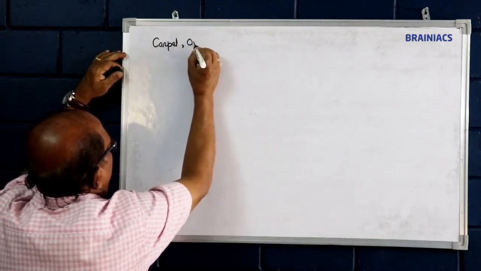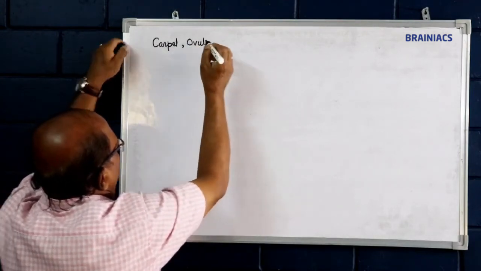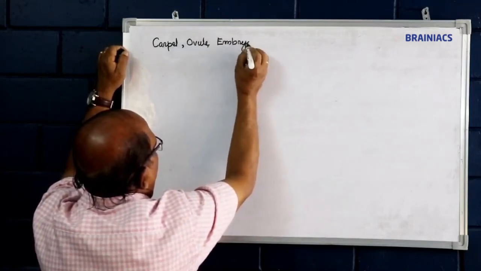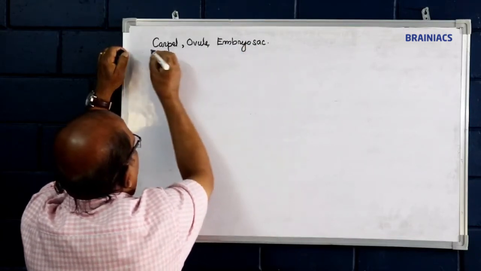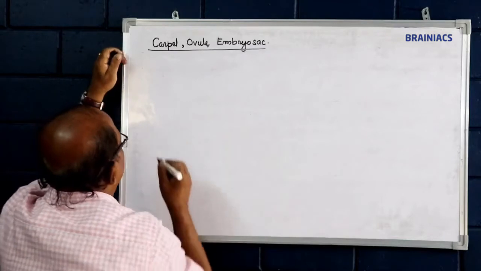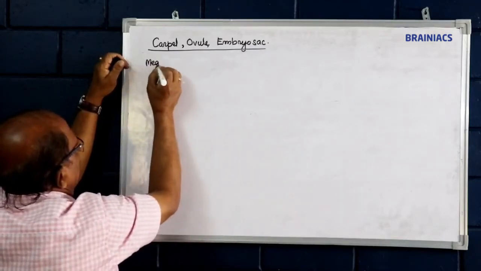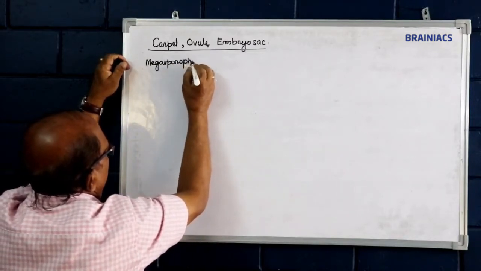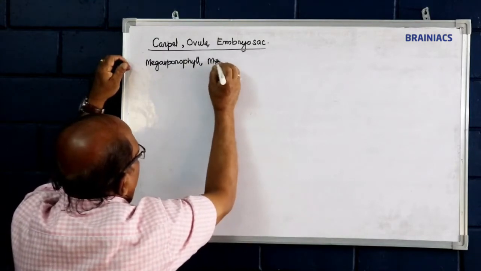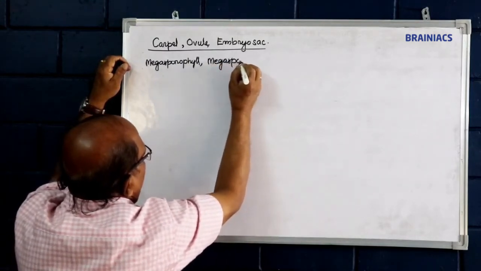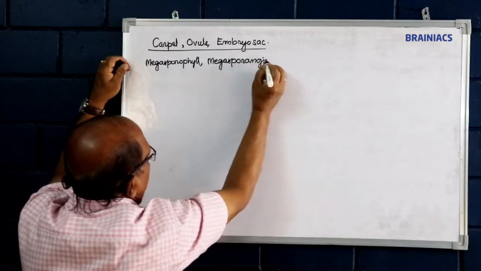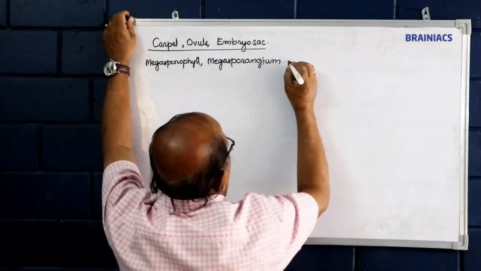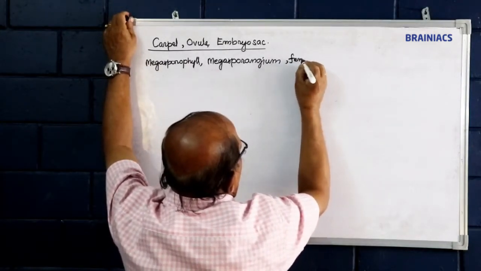Carpel, ovule, embryo sac, or megasporophyll, megasporangium, female gametophyte.